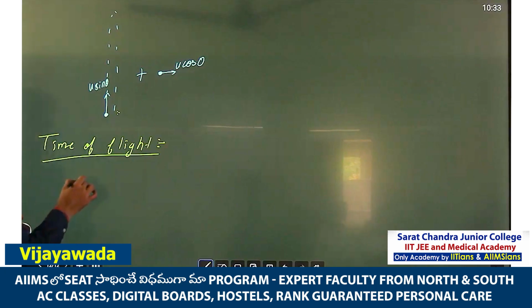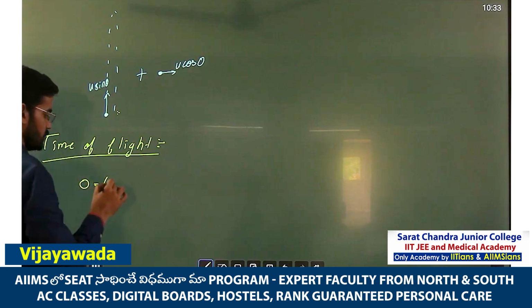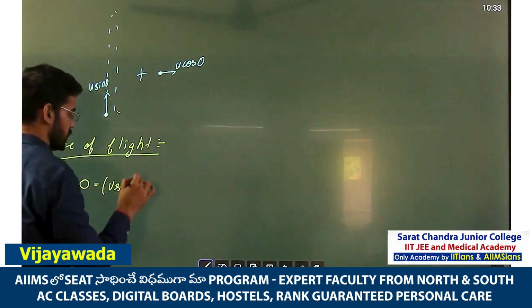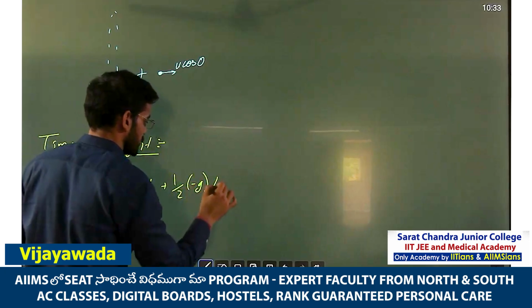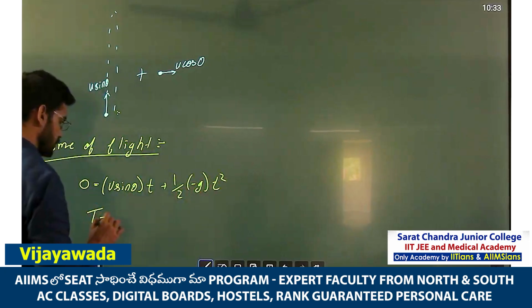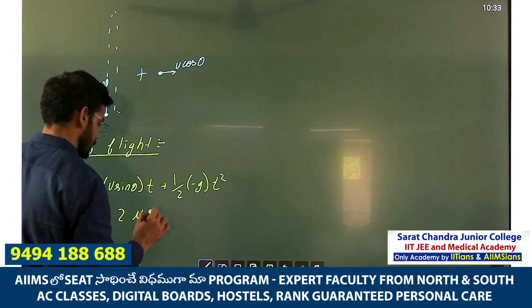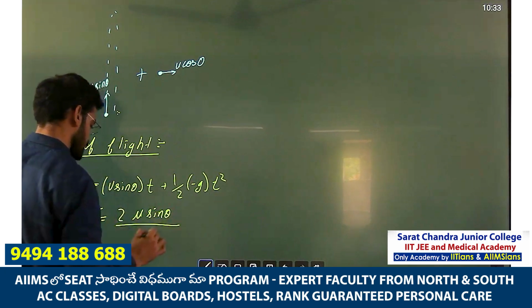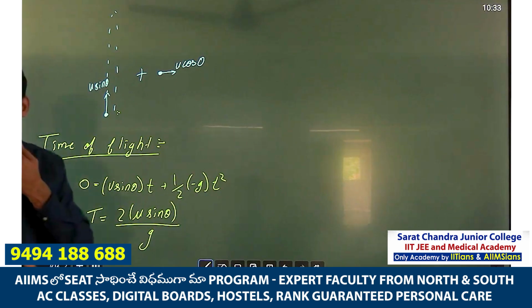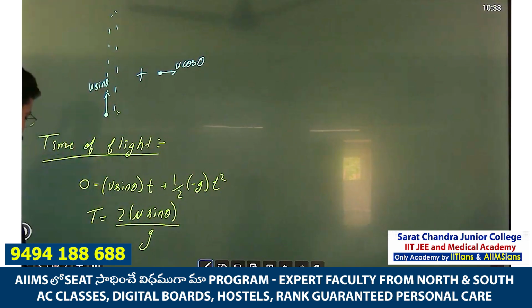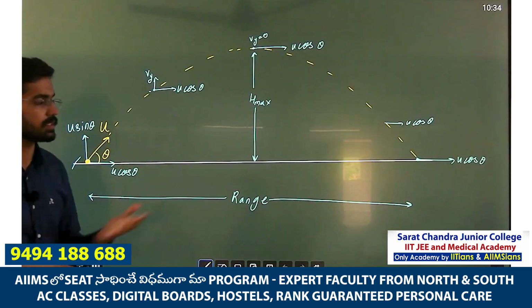So displacement how much? 0 is equal to u sin theta into t plus half into minus g into t square. So t is what? 2u sin theta by g. You see here that u is replaced with u sin theta. That's it. Instead of seeing this diagram, you start seeing in this diagram.